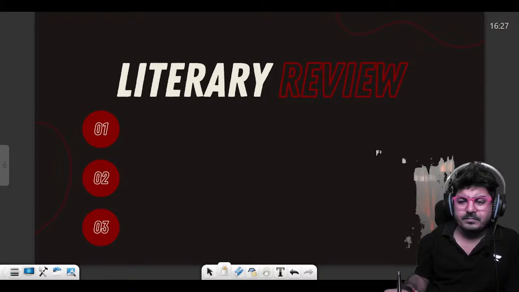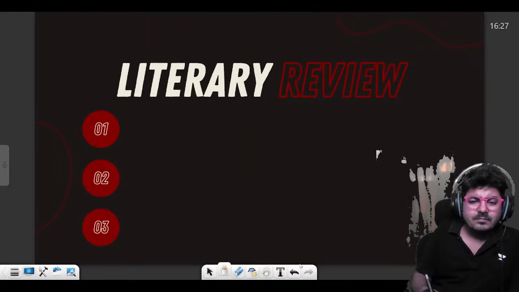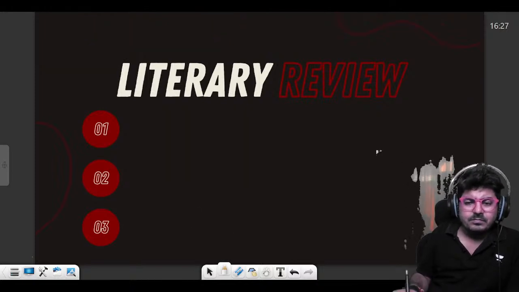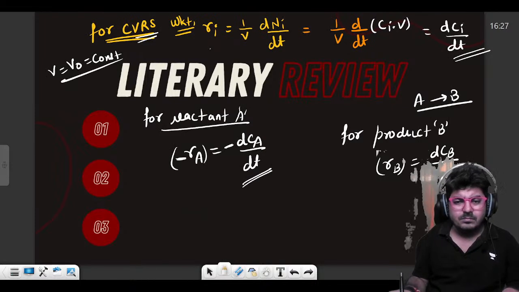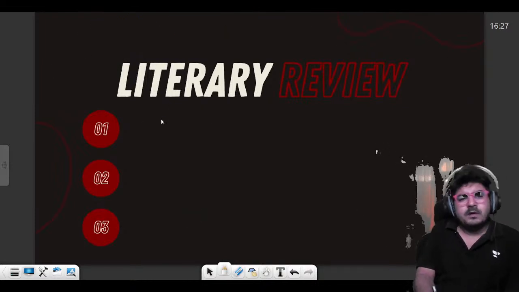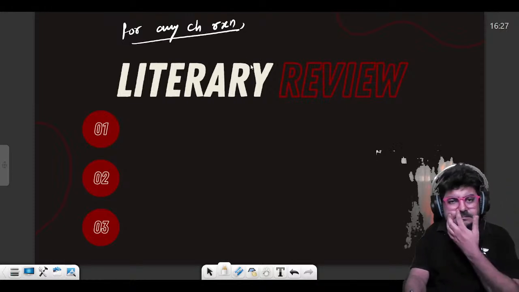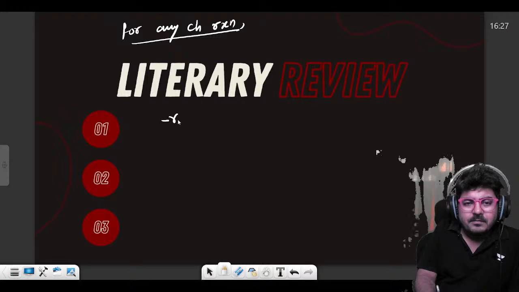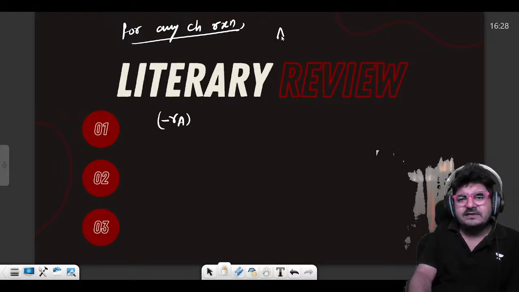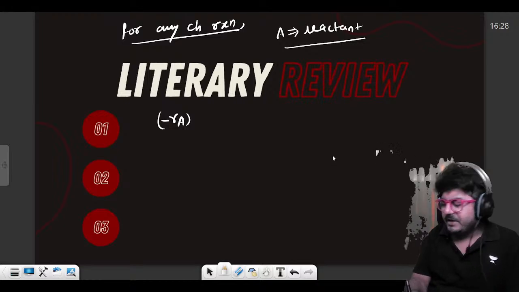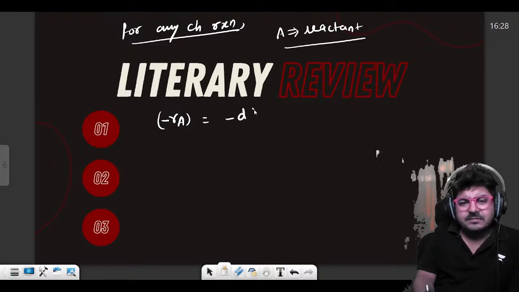So here you guys can see, for any chemical reaction, minus Ra, suppose A is the reactant, the basis reactant, or actually you can say the limiting reactant, minus Ra can be written as minus dCa by dt.